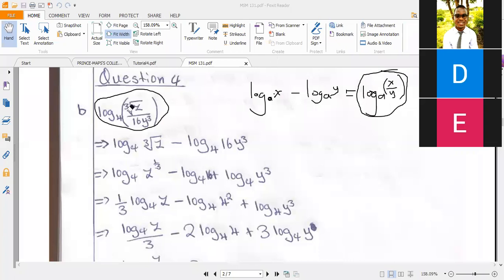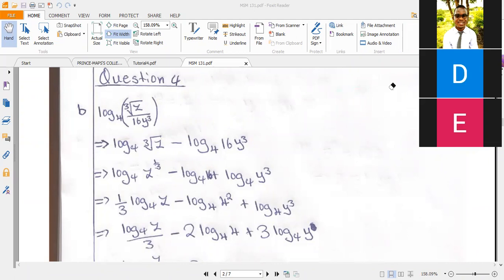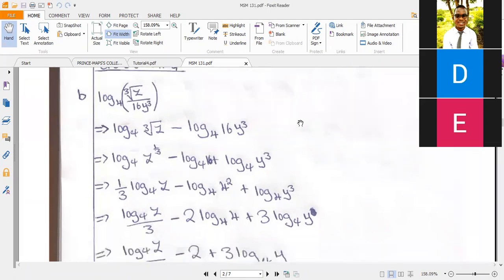So that's where I got the negative log 4 16y to the 3. I hope that is clear. After you get that, you separate them. You see that these guys are multiplying, which shows it's plus, so we add here. We say log 4 16 plus log 4 y to the 3.